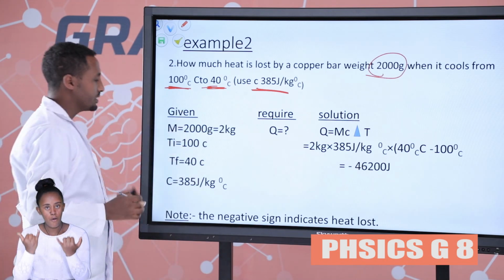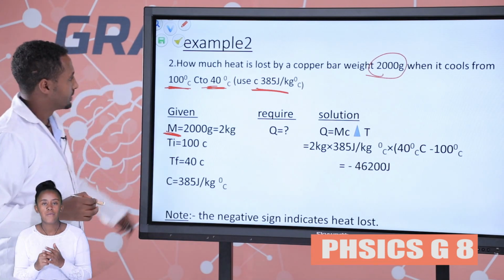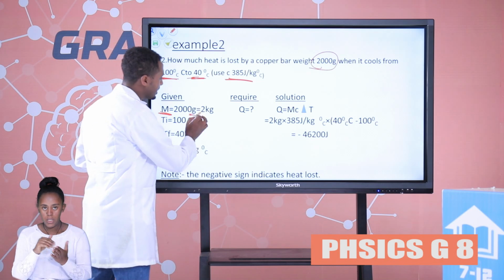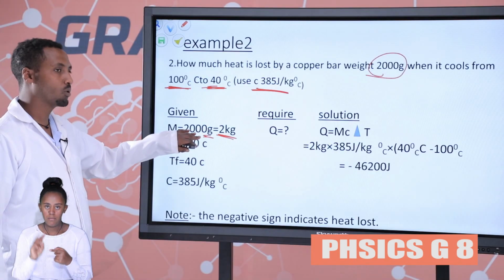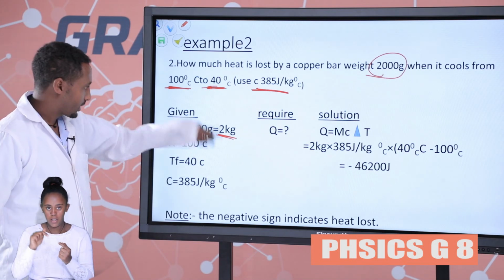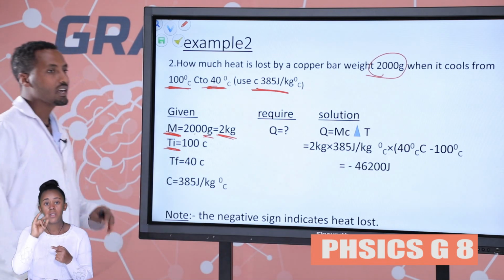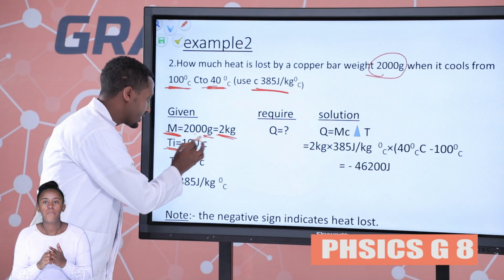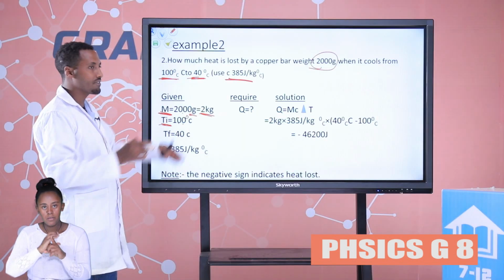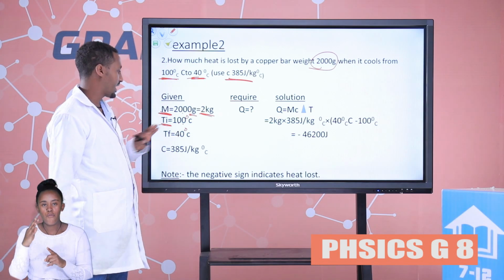Now given, mass of the body is 2000 gram, this is 2 kilogram. Ti, initial temperature, is 100 degree Celsius, and Tf, final temperature, is 40 degree centigrade.